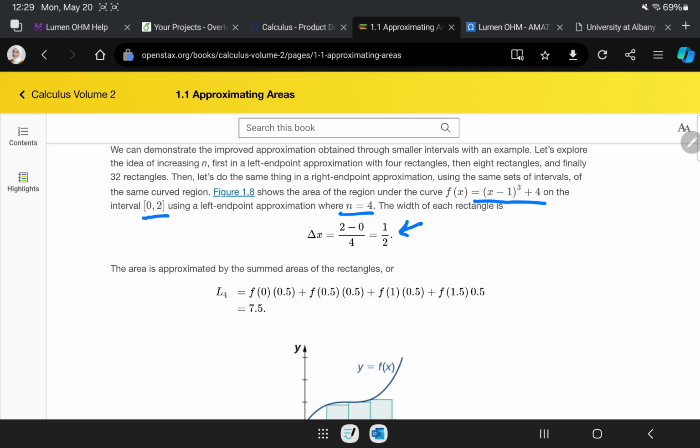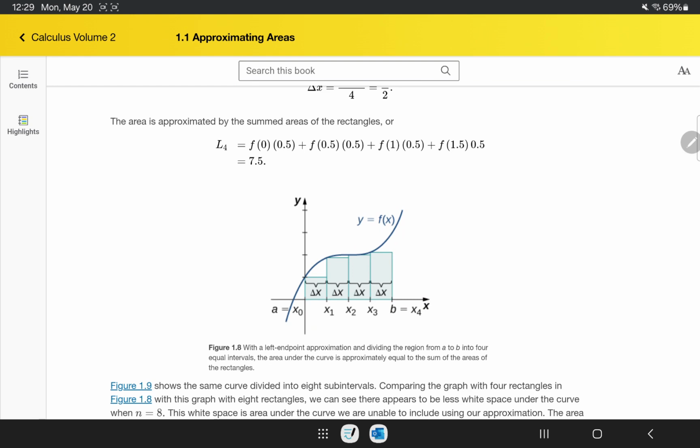So I'm dividing up my interval using width 1/2. So if you look at the graph here, I'm dividing up my area into 4 rectangles.